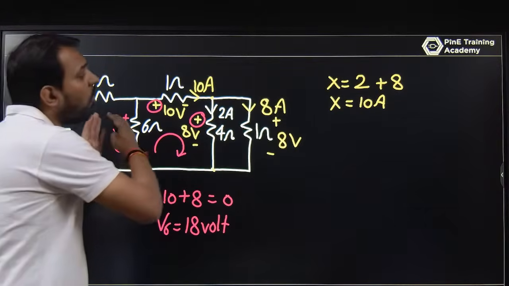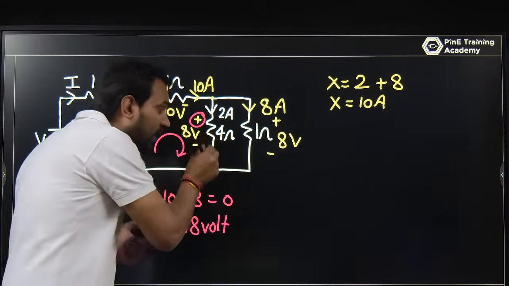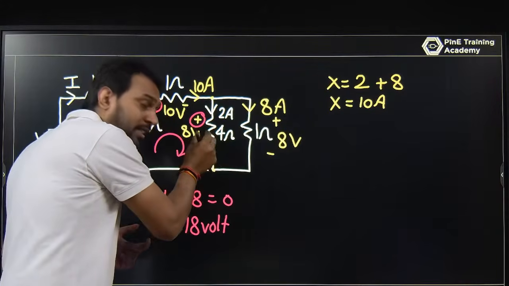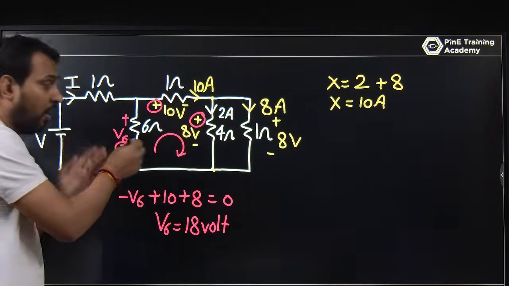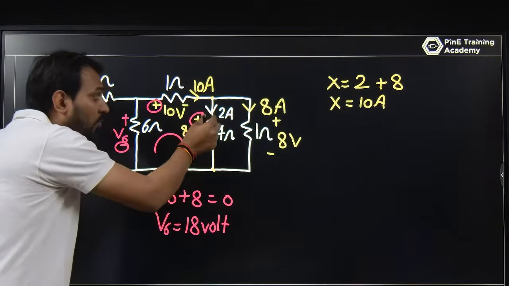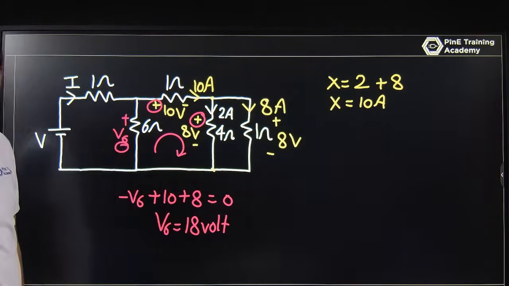Of course we don't know all the values, but we know the branch current of this. I am starting from this point and we are going to this part. From this branch current only you will find out what is the voltage here, what is the voltage here, what is the voltage here. So that is the key.